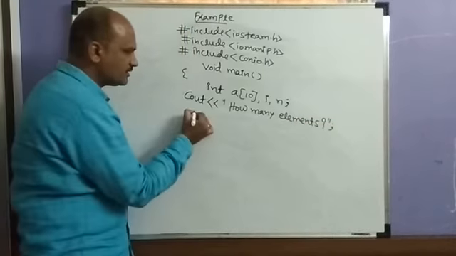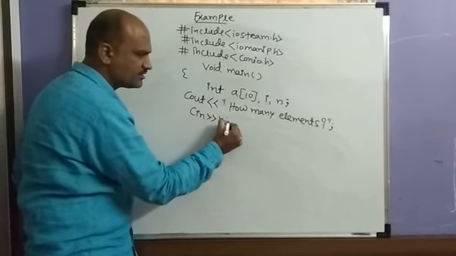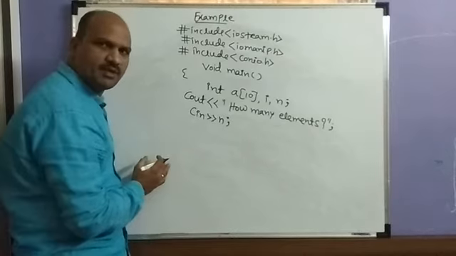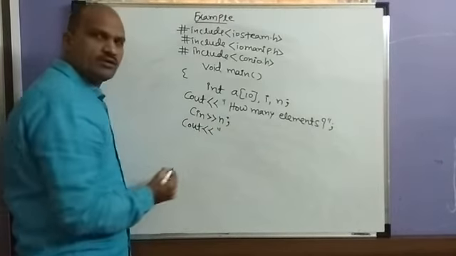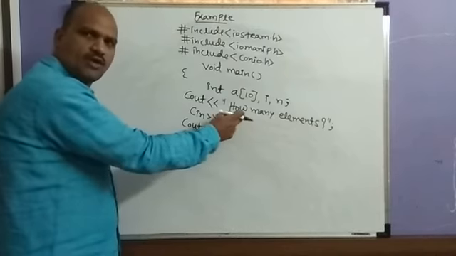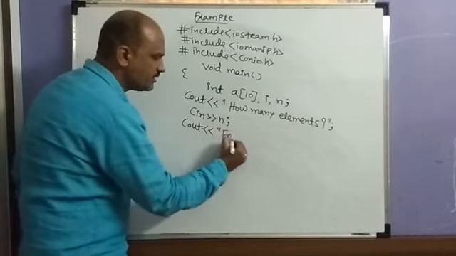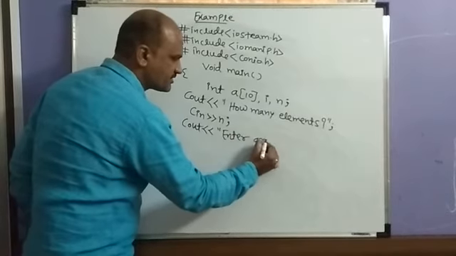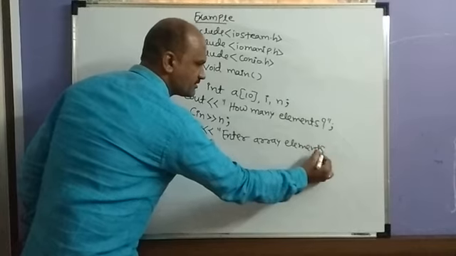Then it reads the number of elements, n. We already declared the variable n. Then cout: enter the array elements.